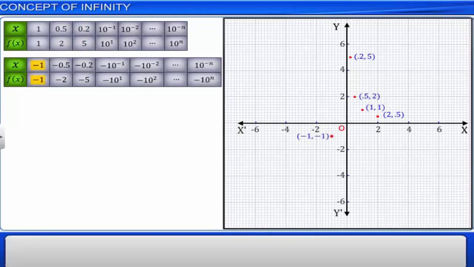Observe that the graph of the function is very close to the y-axis as the value of x approaches 0 on either side of the y-axis.